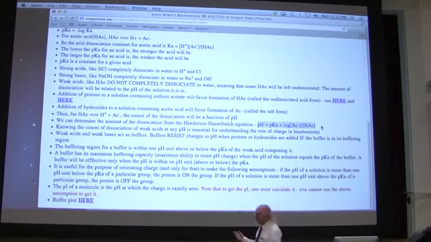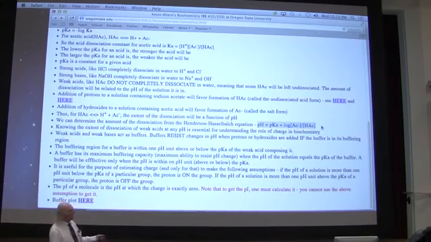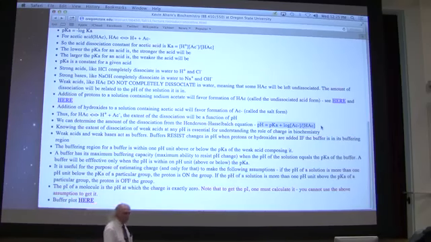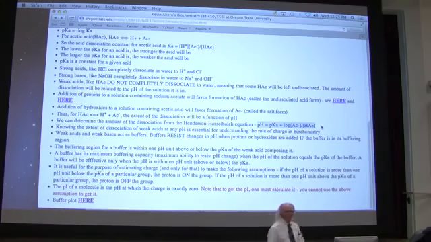Oh, wow, Kevin picked a cool number. The two are equal. Well, I picked this number for a reason. What is the ratio of 50 million to 50 million? It's 1. And what is the log of 1? 0. I've just picked a situation where I have equal amounts of salt and acid, and the log term becomes 0.